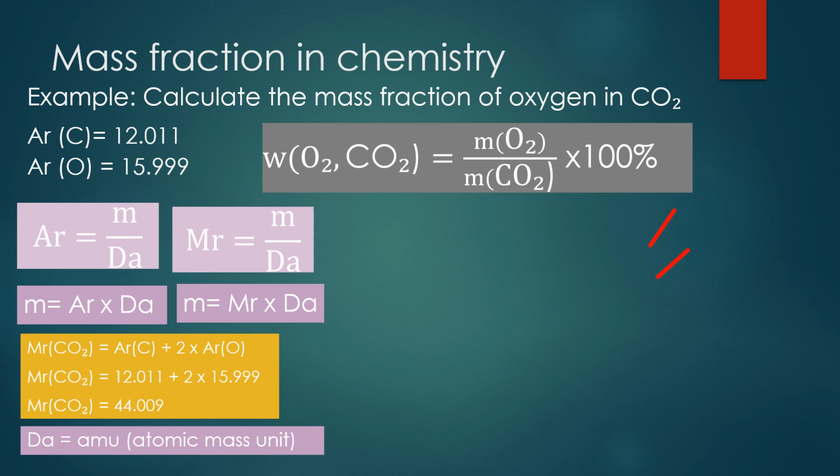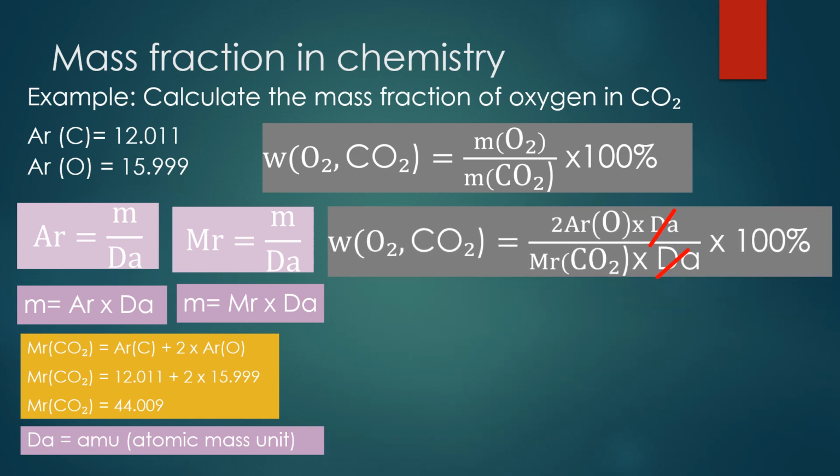You will put 44.009 Dalton. Now for the mass of oxygen, if you notice, I put here 2 times AR of O times Dalton. And below is Mr of CO2 times Dalton.